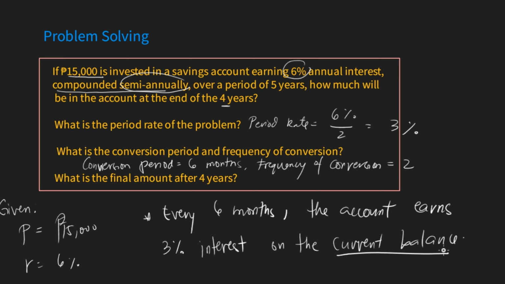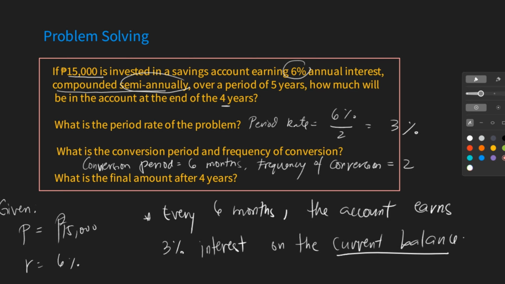By current balance, because it is compounding interest, the interest is computed in accordance with the original amount and the previous interest. What about the conversion period and the frequency of conversion? We have 6 months, and then the interest is added twice a year. That is your frequency of conversion.